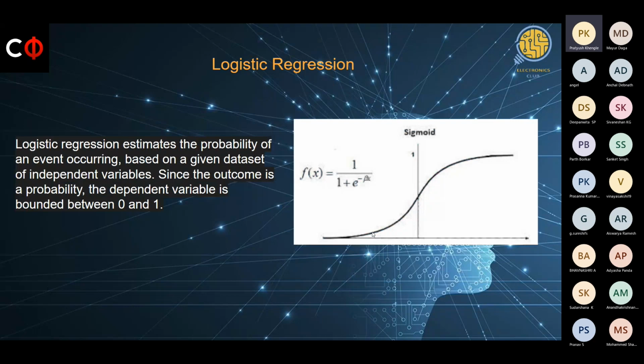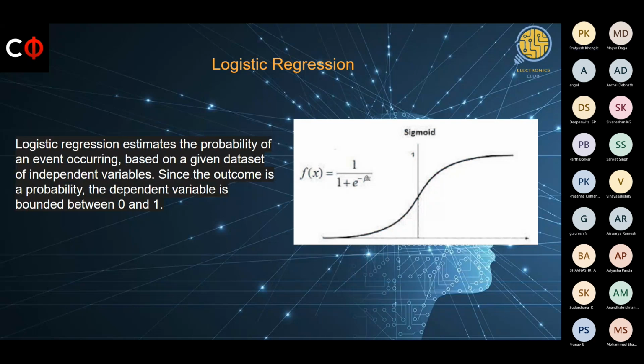This function is called the sigmoid function, and its equation is 1 upon 1 plus e to the power minus x. Now you might be wondering what we put in this x, right? If you remember, we had a score function in linear regression, wx plus b. It will return some y value. That y value we put here, and we get some number between 0 to 1. And based on that, we classify.